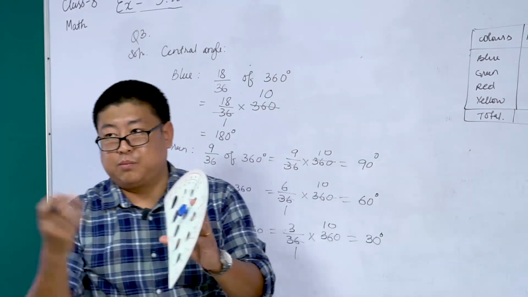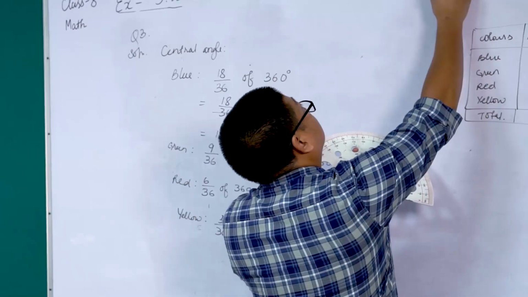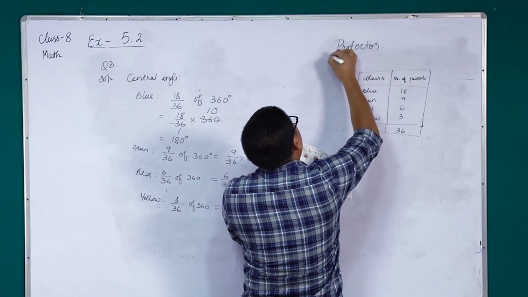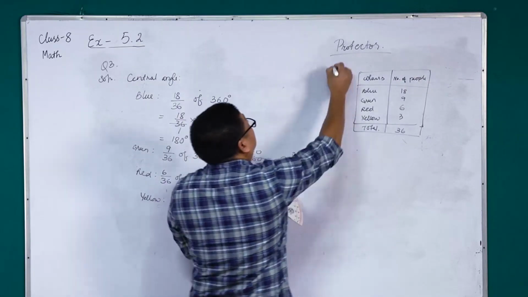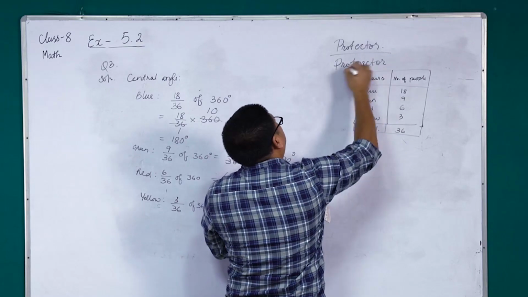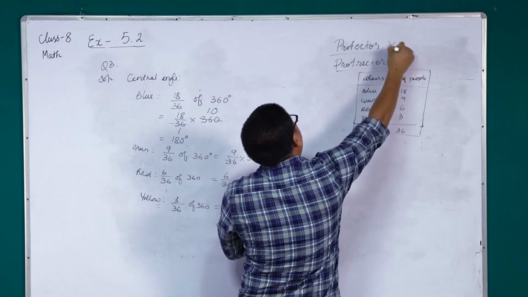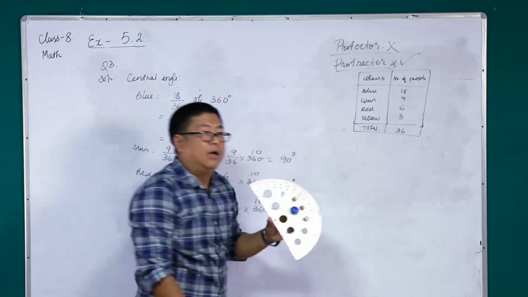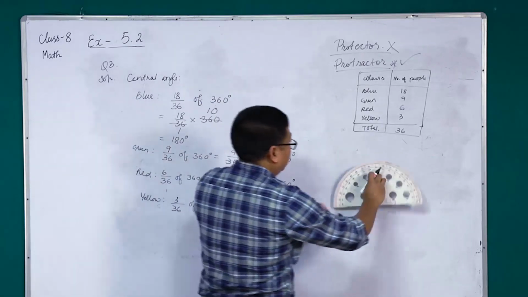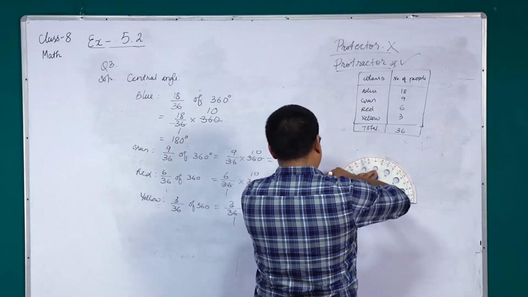Now a small correction to people who call it a protector. It is not a protector, but it is a protractor. I hope you will keep this in mind. This is wrong, this is right. So this is a protractor. Since I can't use a compass here, I will be drawing a circle with this.